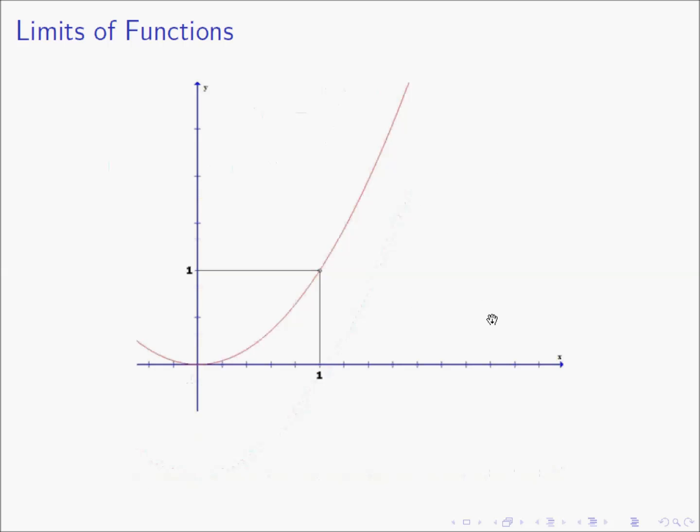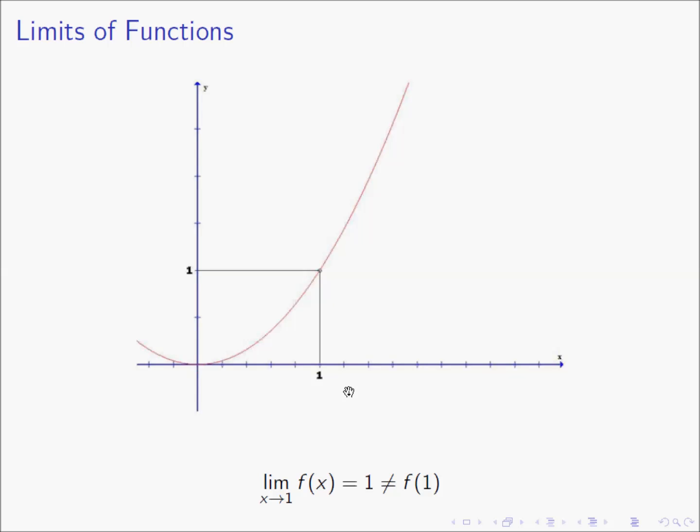So the question here is, what is the limit now when x approaches 1? What is the limit of f of x? And the answer is that the limit is the same. It is 1 again. And in this case, the limit is not equal to the value of the function. Here the value of the function is 0, and it is not equal to the limit.